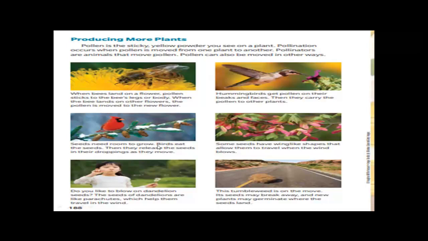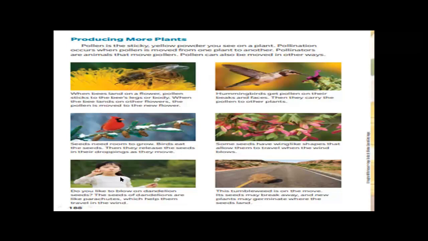Seeds need room to grow. Birds eat the seeds, then they release the seeds in their droppings as they move. This is a way of seed spreading. Some birds eat the seeds in their mouth and they drop them while flying. Some seeds can fly with a wing-like shape, like those seeds.